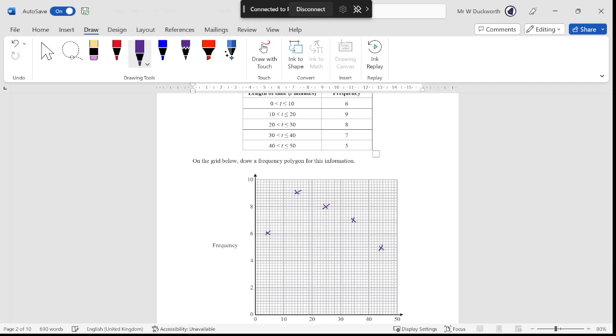And then we join them up with a straight edge. I'm just going to grab a straight edge. So join them up with a straight edge, not a curve.